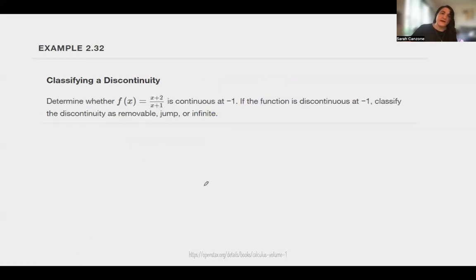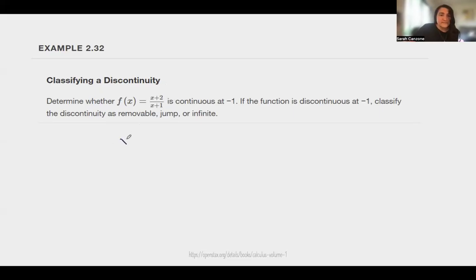And let's take a look at the last case. So we're looking at x plus 2 over x plus 1. We again want to see what's going on. You're not going to have a jump given a rational function ever. So we're just really considering if it's removable or infinite. This is pretty easy as well because with x plus 2 over x plus 1, there's absolutely no way of simplifying this. You can't remove anything from it.